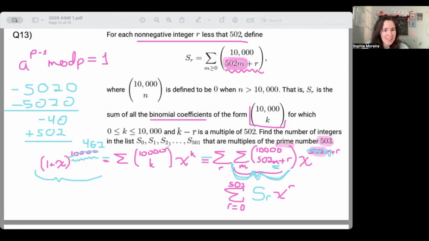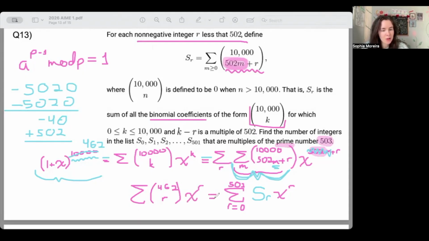From here, let's again use the binomial theorem just to rewrite this whole expression, and we have here that we're getting the summation as 462 choose r. I'll just use r again just so we can compare these sides more similarly to each other.